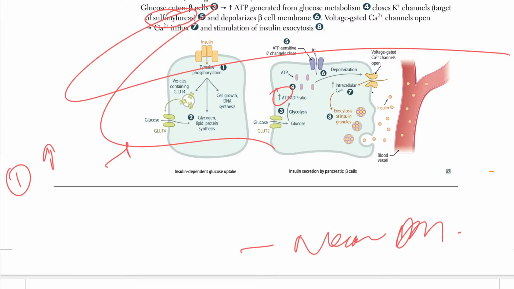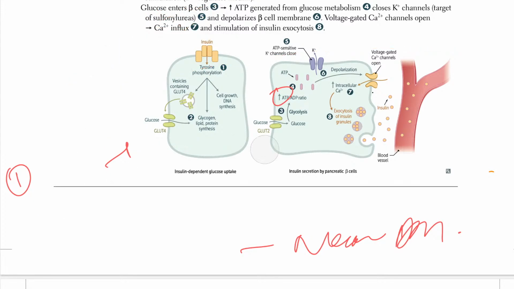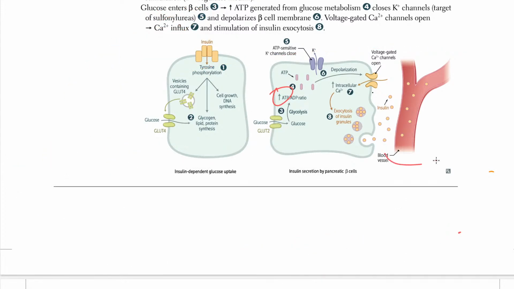Okay. So now with that, let's talk about insulin. So now the insulin is out. The big guy is out. What does it do? All right, so insulin works through tyrosine phosphorylation, and it causes a couple things. It causes vesicles containing GLUT4 to go on the surface, and you can see they're going on the surface.